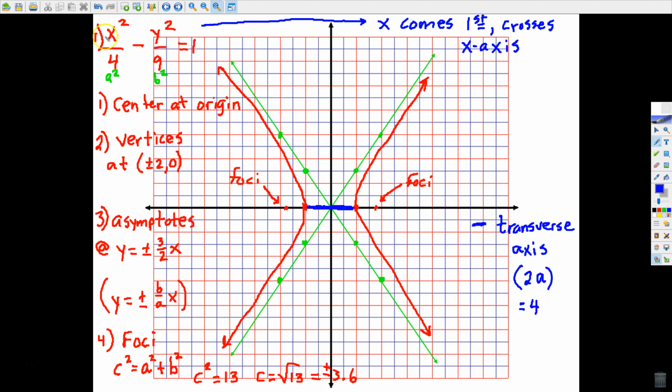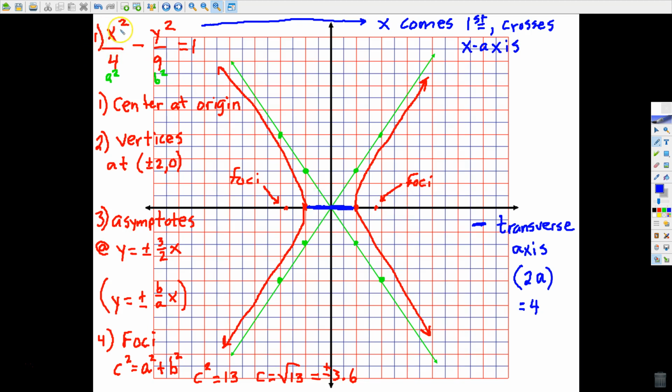Okay, so with x being first, I know that I'm going to be crossing just the x-axis. And I know that since I'm not adding or subtracting to x and y, the whole center of this hyperbola must be at the origin. And we'll look at some where they're not centered at the origin. They've been shifted to a new spot.